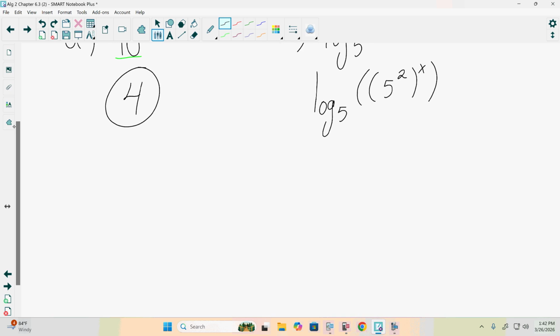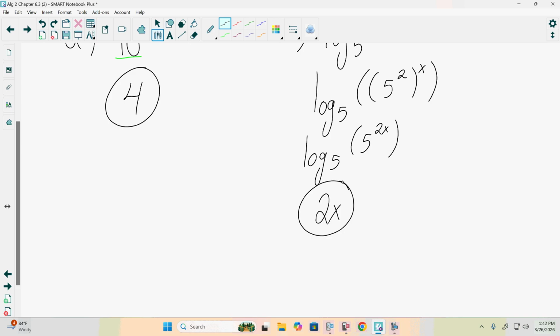Now, we could try to start simplifying at this point, but we have a power of a power, so let's reduce it first. Powers of powers multiply. So we have log base 5 of 5 to the 2x. That 2 and x multiply together. What do we think this would reduce to? x, it would reduce to that exponent.